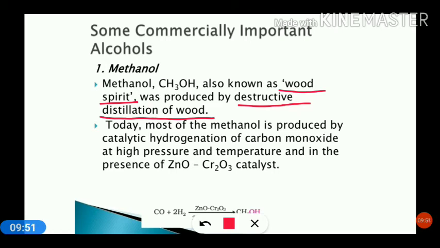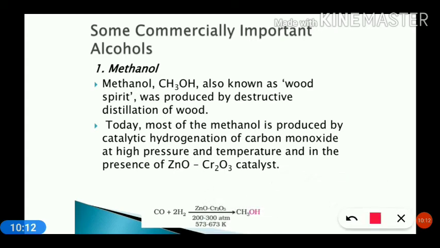Methanol is generally produced by the catalytic hydrogenation of carbon monoxide at high pressure and temperature in the presence of zinc and chromium oxide. You can see the reaction: when CO, carbon monoxide, reacts with H2, it forms methanol. So this is the method of preparation of methanol.